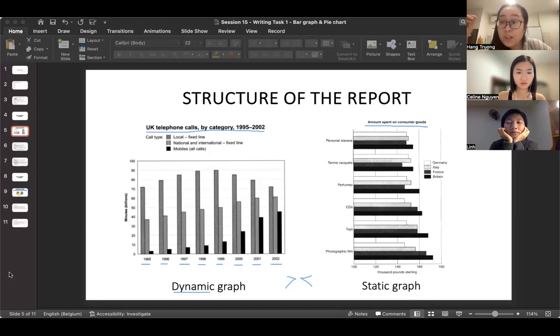In the introduction, what do they do? In the body paragraphs, what do they do? And what is the difference between the way we analyze the dynamic graph and the way we analyze the static graph? Any questions? If not, I'm going to send you the samples now.